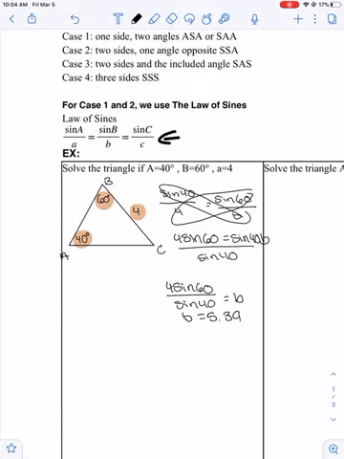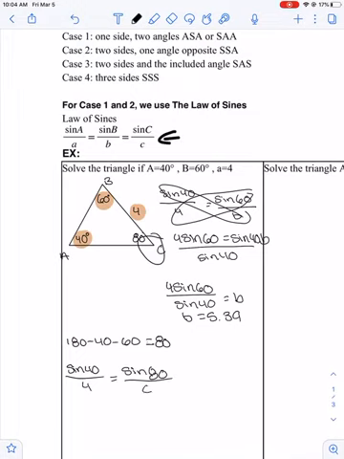Now, to find angle C, we know that triangles add up to 180 degrees. So we're going to do 180 minus 40 minus 60 to get angle C, and that equals 80 degrees. Now I'm going to set up my ratio again. Sine 40 over 4 equals sine 80 over c.